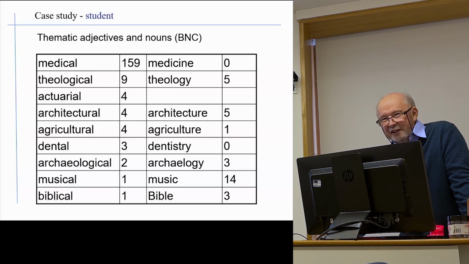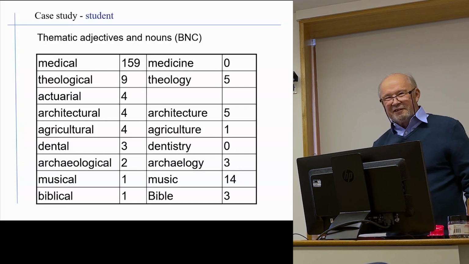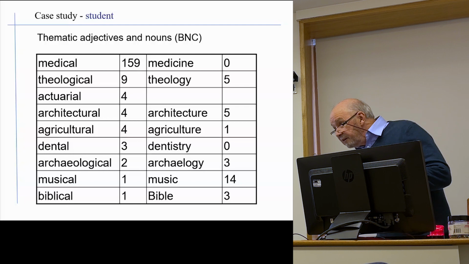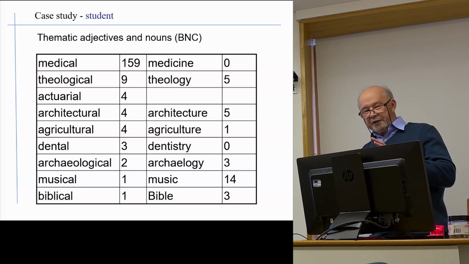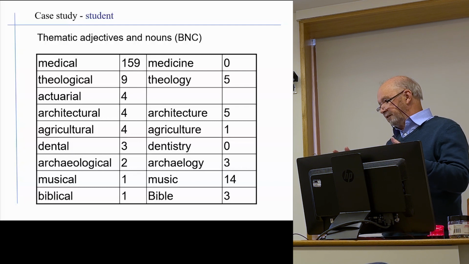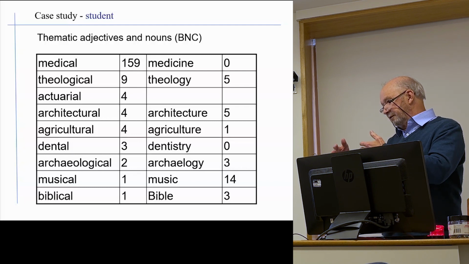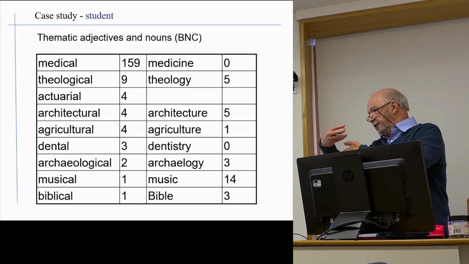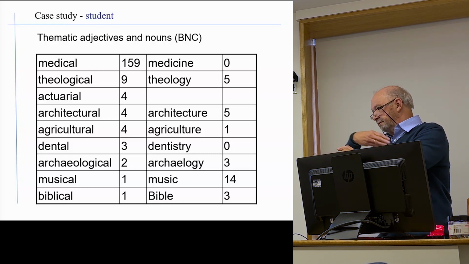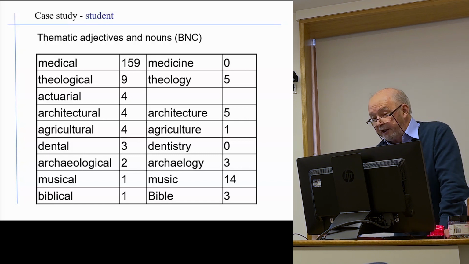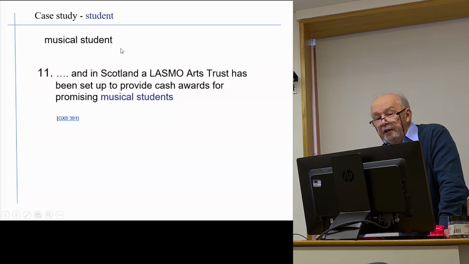Well, what's going on here? It seems to me that this does show that adjectives and nouns are, if you like, behaving very, very similarly in this position. And it's rather arbitrary whether you choose the adjective or the noun, at least with this particular subset of adjectives.